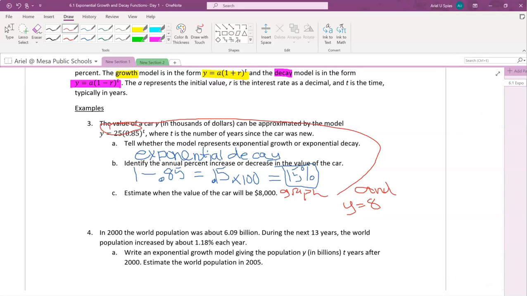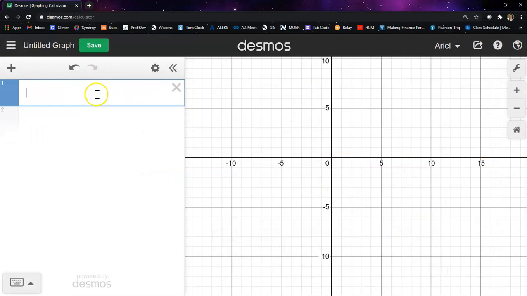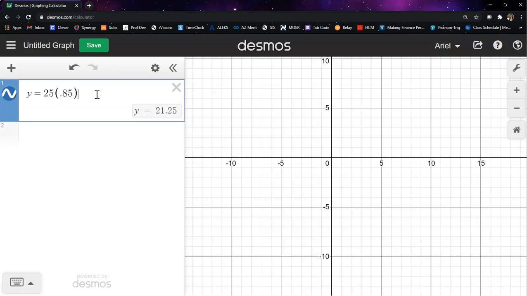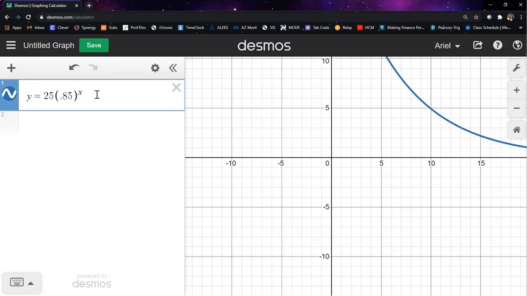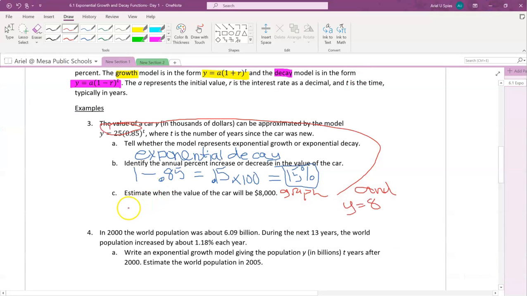So, I mean, it was modeled in thousands. So they cross right here, which is about 7. So about 7 years.